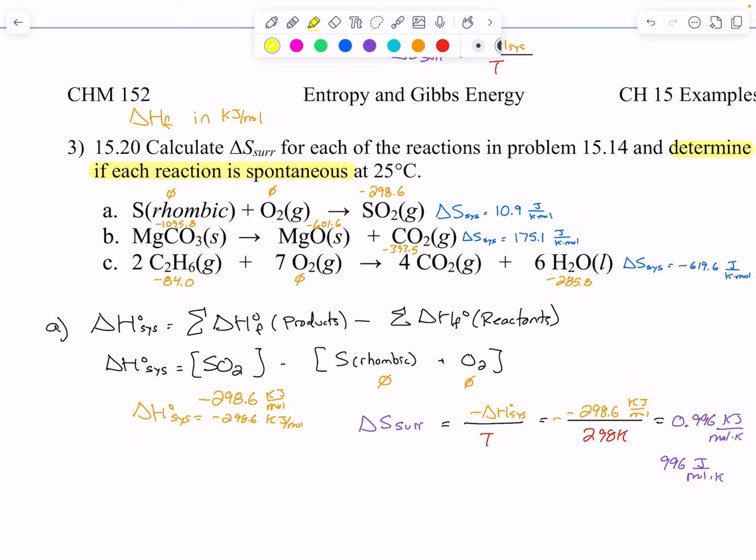So now, determining if it's spontaneous. How are we going to do that? Delta S universe equals the system plus the surroundings.